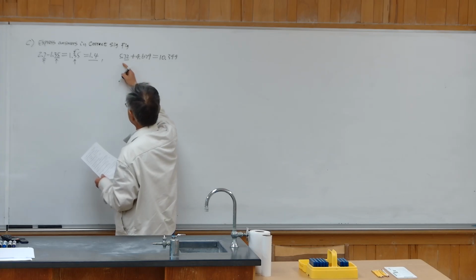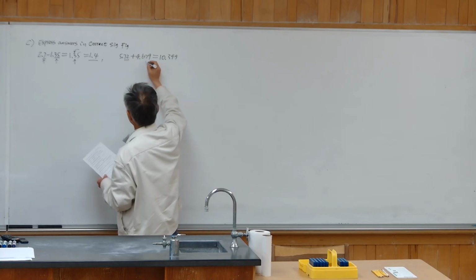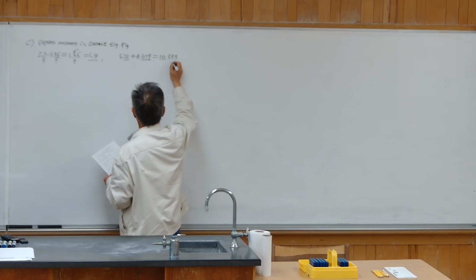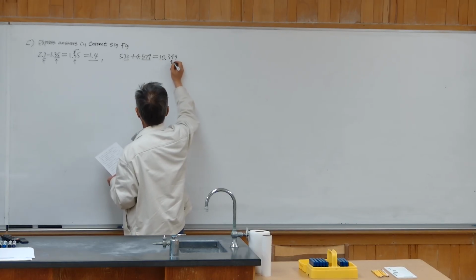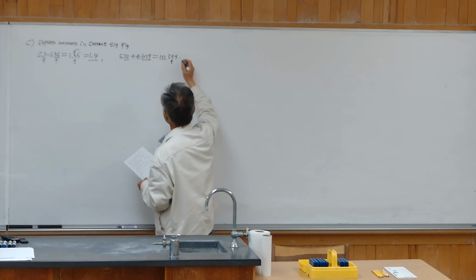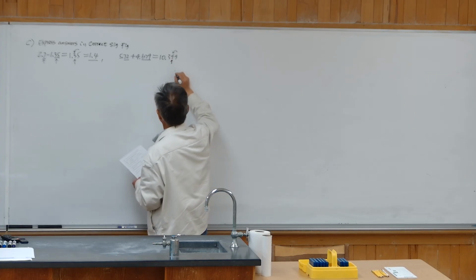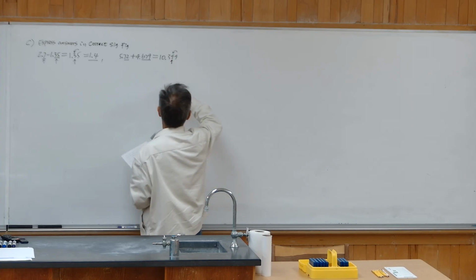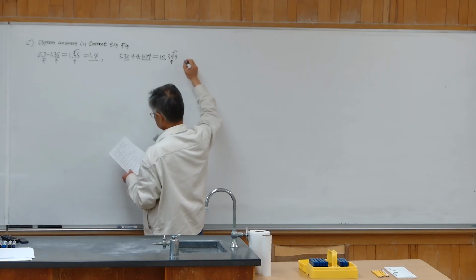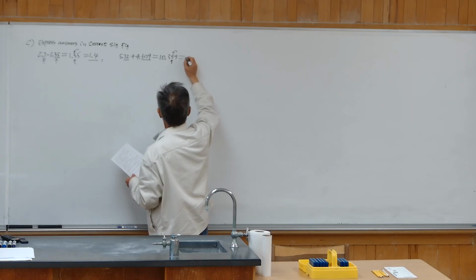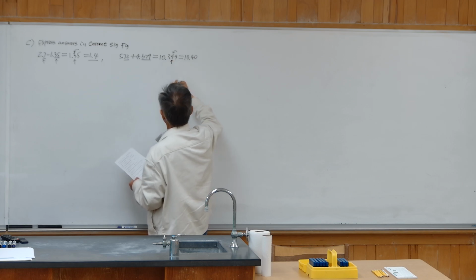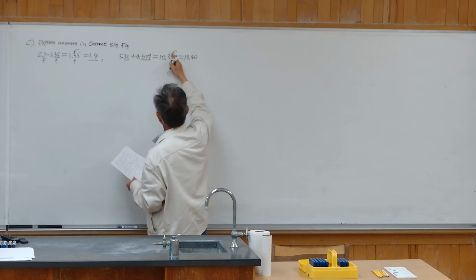This original number has 2 decimal places and this has 3, so the answer can only have 2. So 2 is this one, 9. But the next digit is 9, so we need to round up. It becomes 10.40. This 9 rounds up, this 9 becomes 10, then this 3 becomes 4.